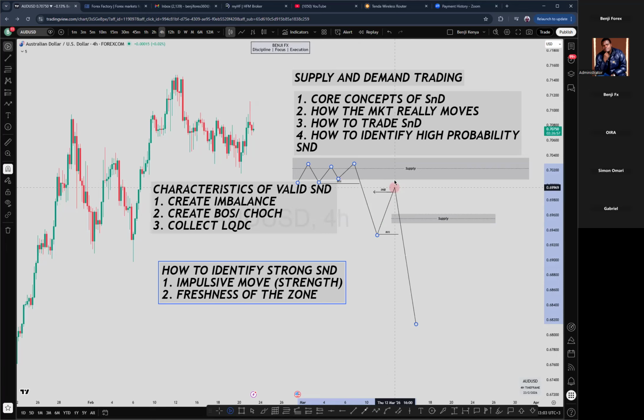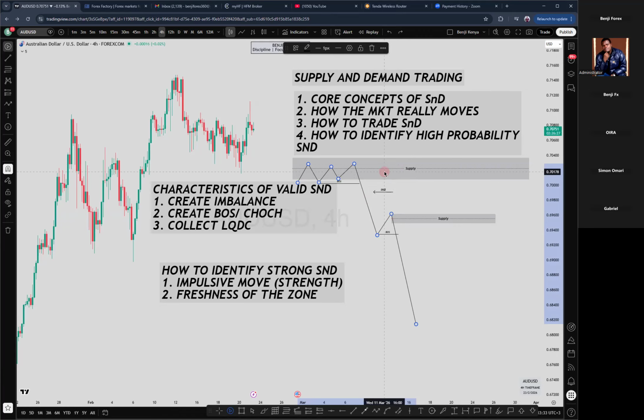Nevertheless, I just want to make sure that this is here. I've just adjusted it. With this kind of movement that is here, the market dropped. Then this price zone that you're seeing here, the market was able to mitigate this supply. Whenever we have a mitigation of a supply, it makes this supply not a strong or valid zone. But before, the market was here, so this supply zone has not been mitigated.